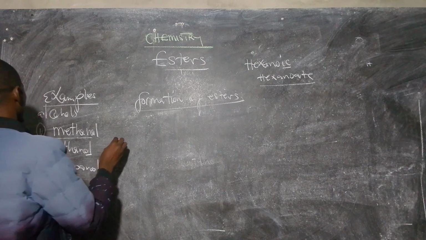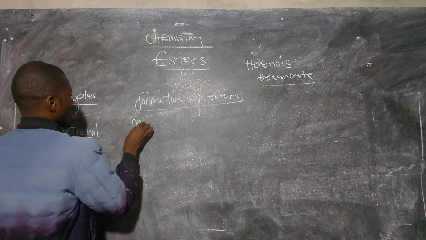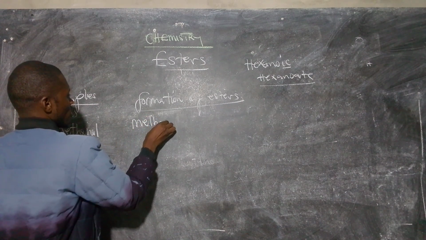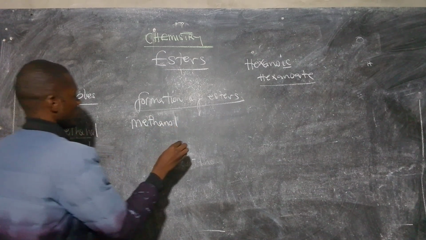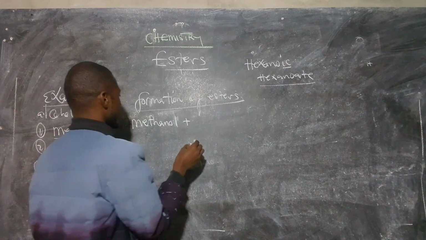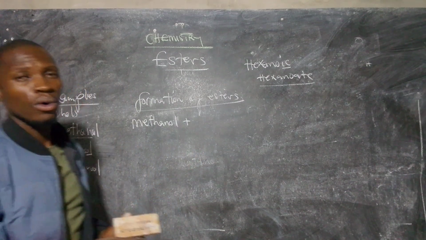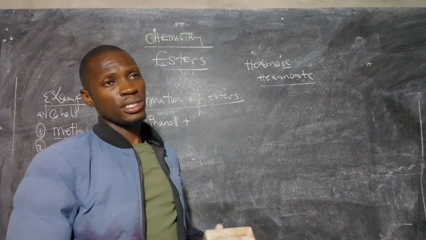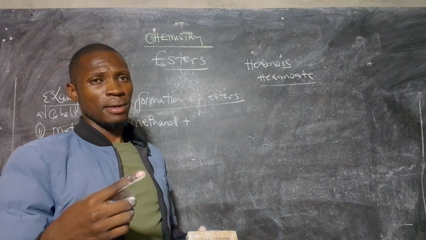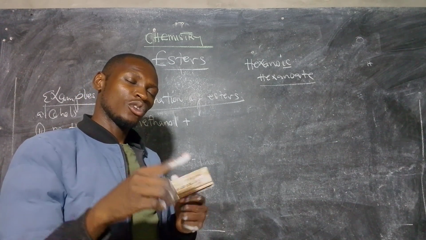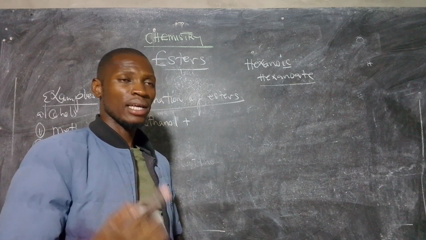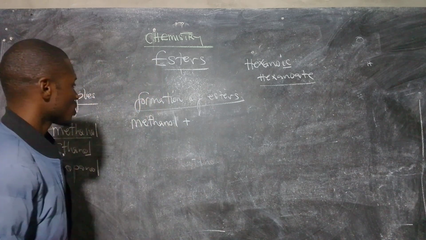So let's say methanol plus, the first two alcohols are liquids, but ethanol, when the temperature drops slightly below, turns into a solid.